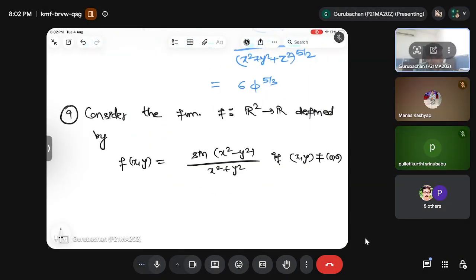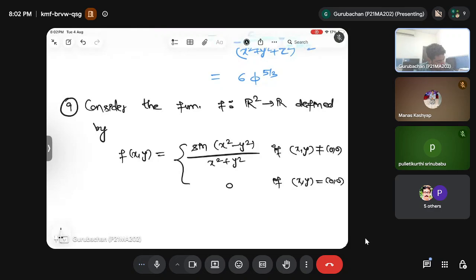Sorry for the disturbance. So this will be 0 if (x, y) is equal to (0, 0). Now find del f by del x del y and del 2f by del y del x.